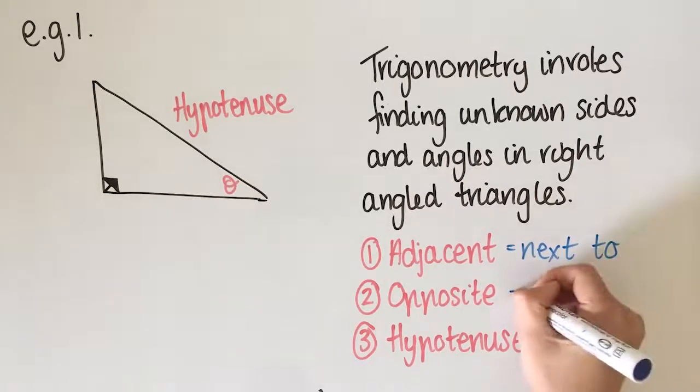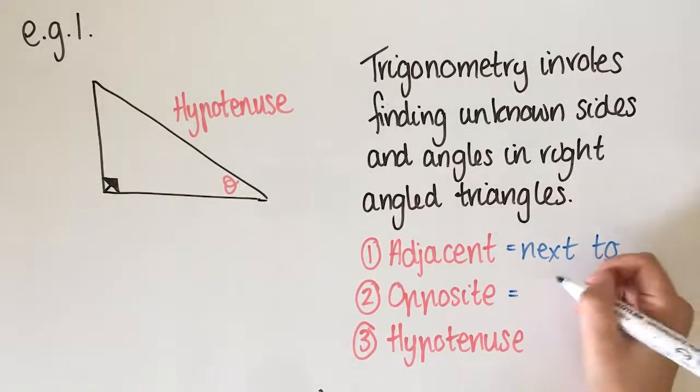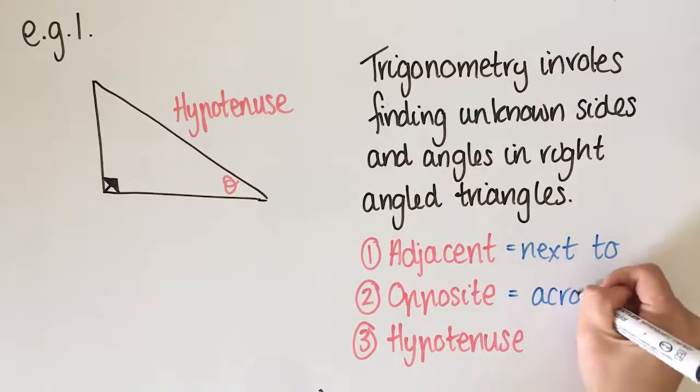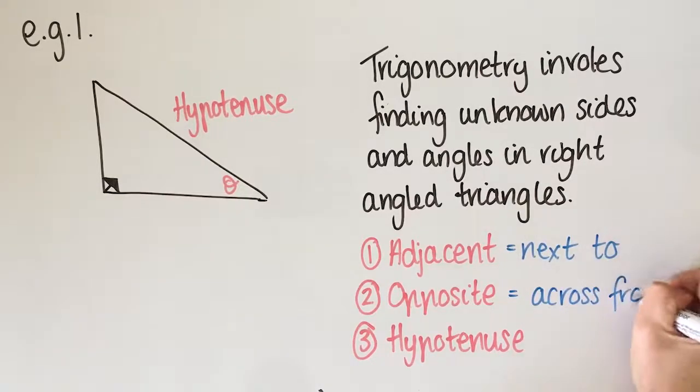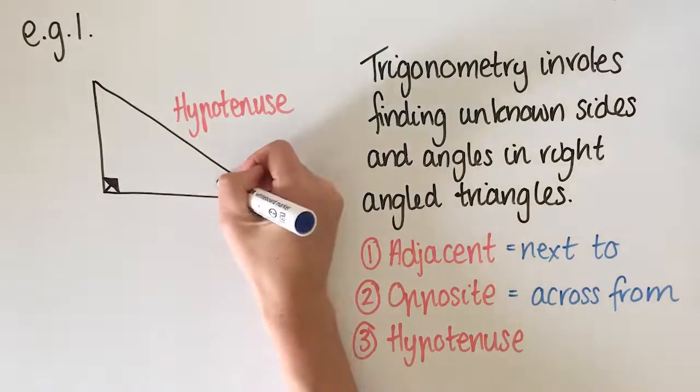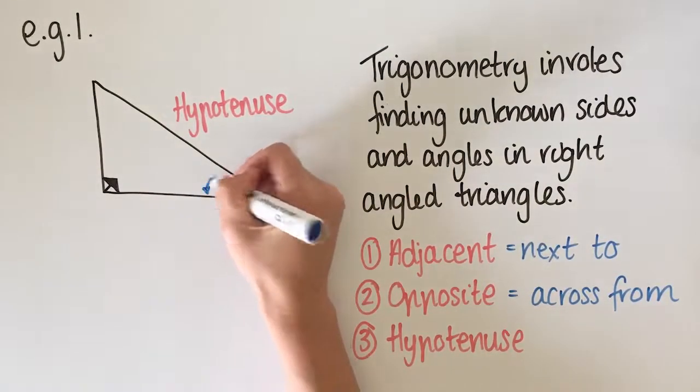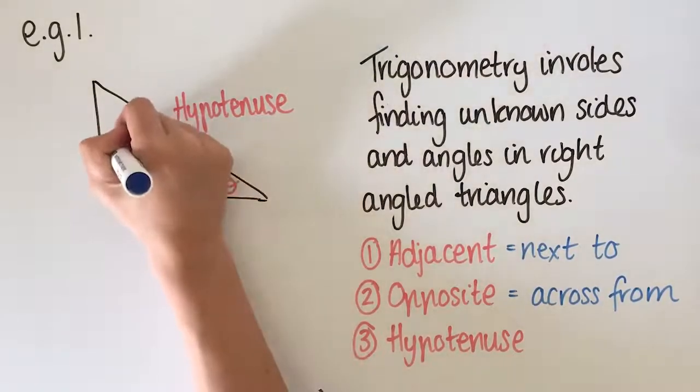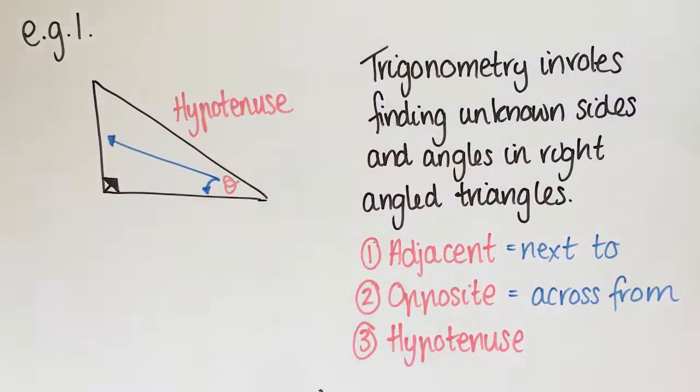Okay, and the word opposite is pretty explanatory. It just means opposite, or across from is another way that you can think about it. So these two are dependent on which angle we're talking about. So if we're talking about this angle, we've got one side here and we've got one side over here.